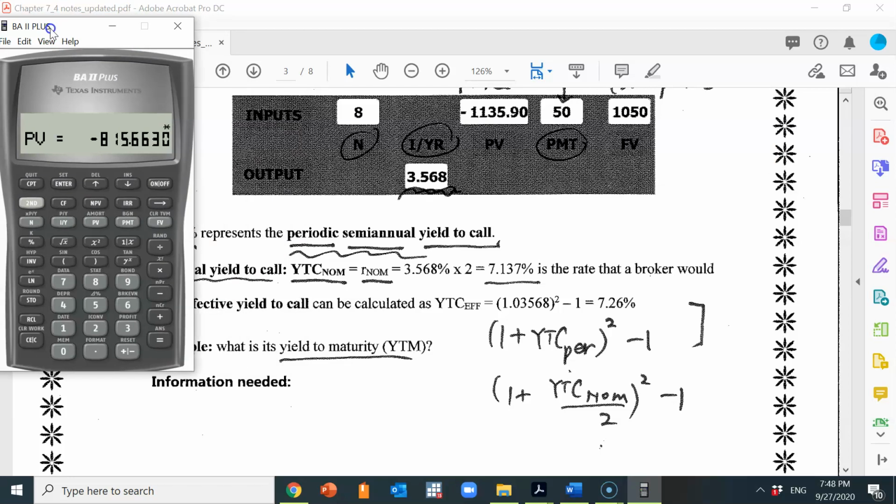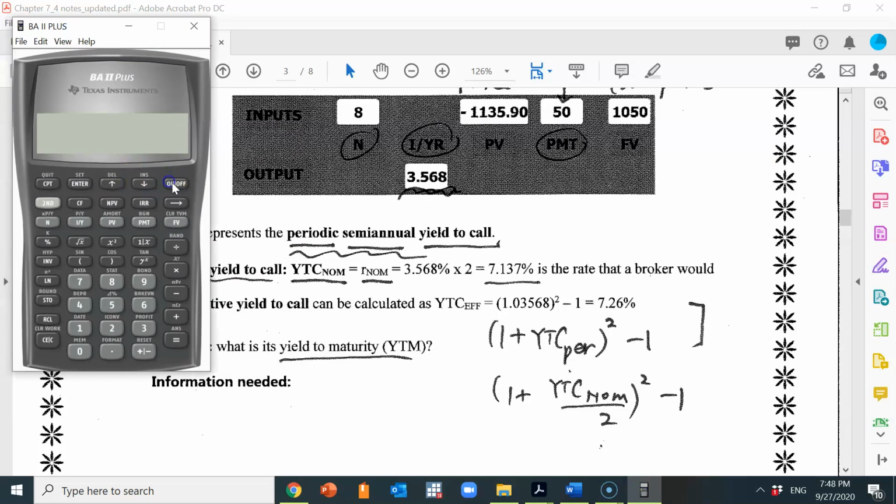Let me repeat the process. So here we're solving for semi-annual yield to call. We input 8 as N, negative 1135.9 as PV, 50 as payment, 1050 as future value, compute for I. We have 3.5684.